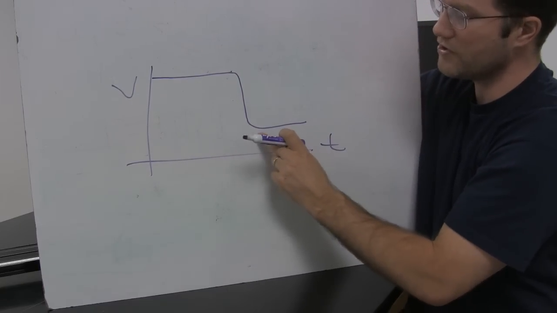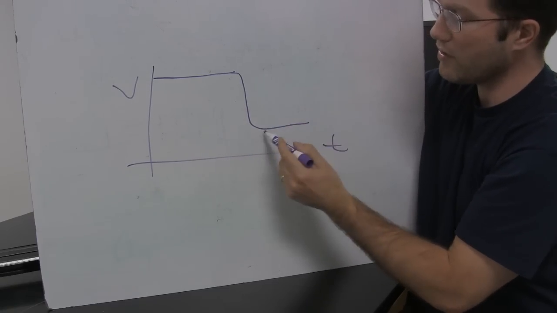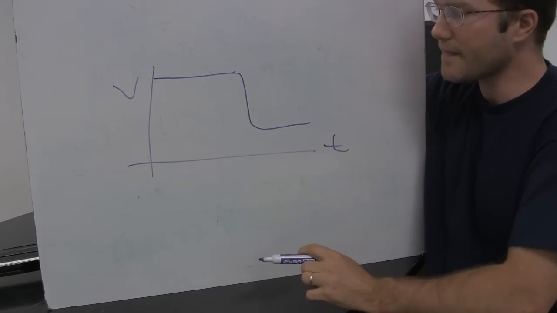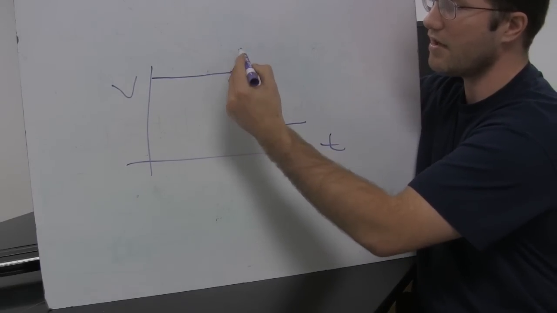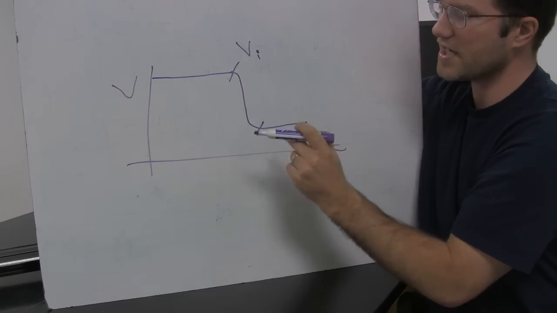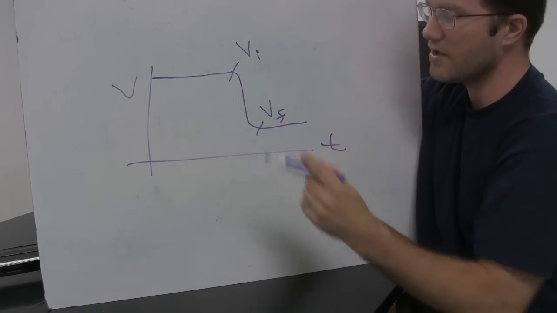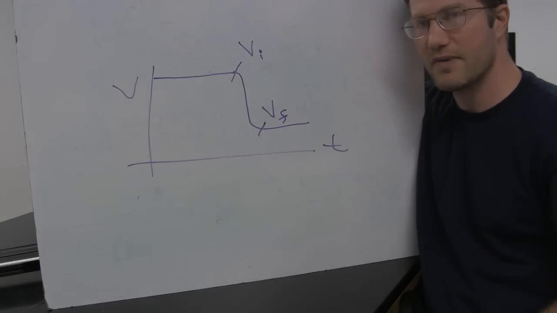And now the two carts are moving together. Of course, it's still just seeing the one cart at a lower constant velocity. This first velocity, right before the collision, let's call that V initial. And the velocity just after the collision, let's call that V final. You'll be able to do this by inspecting your velocity versus time graph generated by the motion sensor.